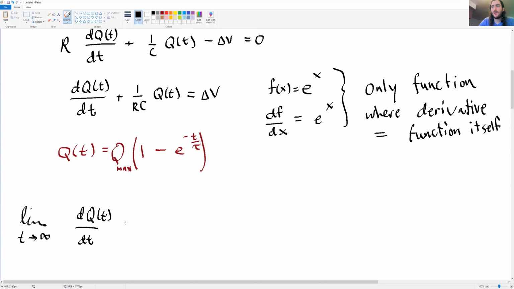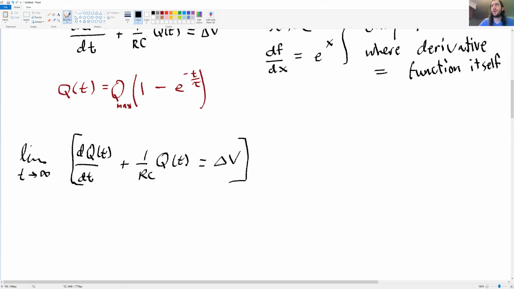That means the current flow in the circuit will be 0. So let me go ahead and take the limit here on this equation as t goes to infinity. The current must go to 0 as t goes to infinity, right? Because when the capacitor is fully charged, then no more current is going to flow in the circuit. So that term is 0 when I take the limit.